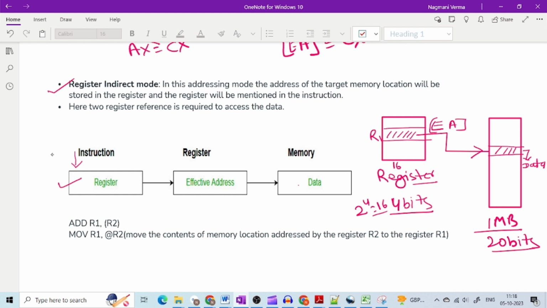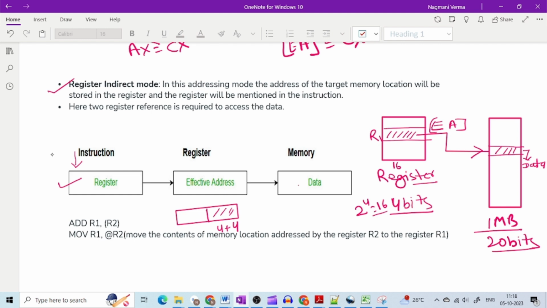So the instruction size will be, if this part is the operand and we are giving only one address, then it will be only 4 bits. If we are giving 2 operands, then 4 plus 4, 8 bits, if both are registers. But using this, we go into the RAM and find the exact data, so it will reduce the instruction length.